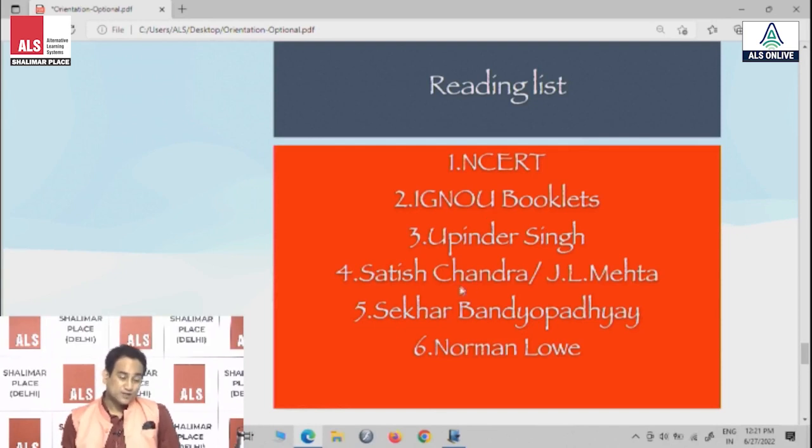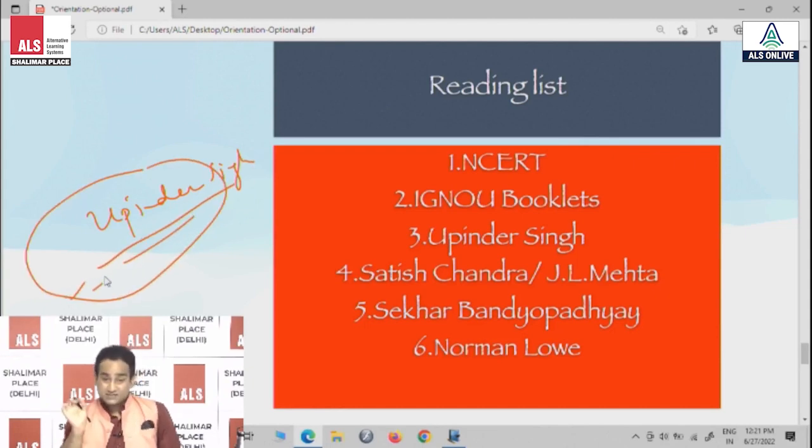Then one book which is very, very important and relevant now is Upinder Singh. History of Ancient and Early Medieval India, Upinder Singh. This book is a must, right? But this book is very difficult to read. Very difficult to read. Don't start your optional with Upinder Singh.